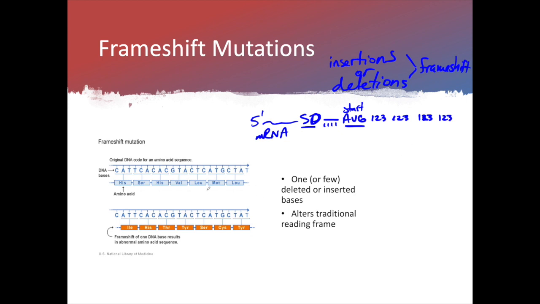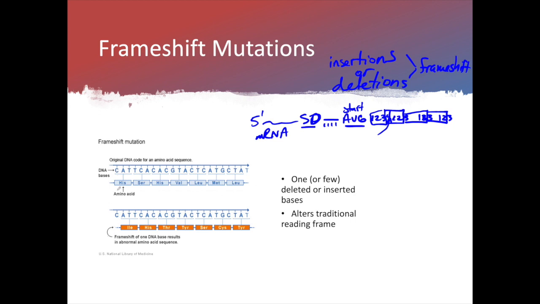In an insertion, if I insert a base right here, and I put a 4 here, this is now going to change my reading frame, which will ultimately result in a completely different protein. So in this case here, we have an insertion, it looks like.